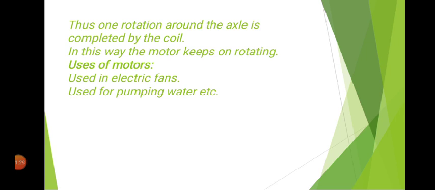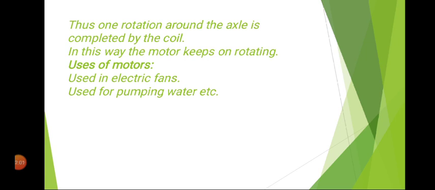So when the half rotation is completed, the motor is moving in one direction, and after half rotation the motor is rotating in the opposite direction. Thus the motor keeps on rotating in this way. I hope students you all got this.